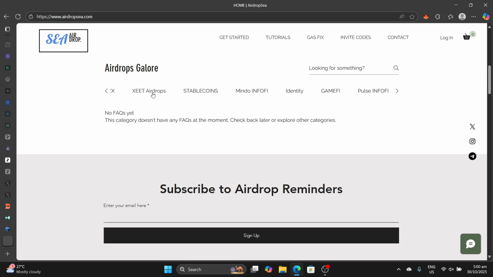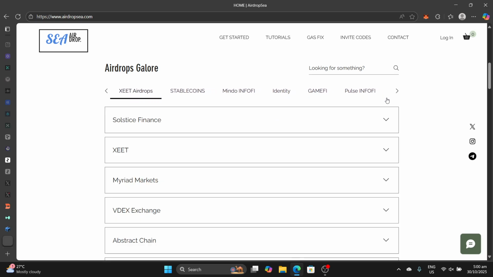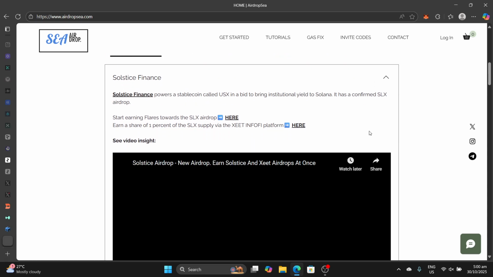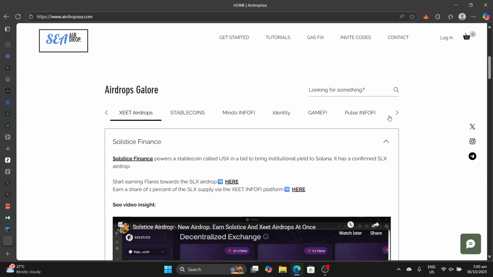I'm now filling this up with airdrops, 200 airdrops in the next few days, categorized based on niches, and it also comes with a search engine. All the resources you need to get started, the 200 airdrops will be available to you. So there is a category for perp dexes. So I'm going to update it with Based one.